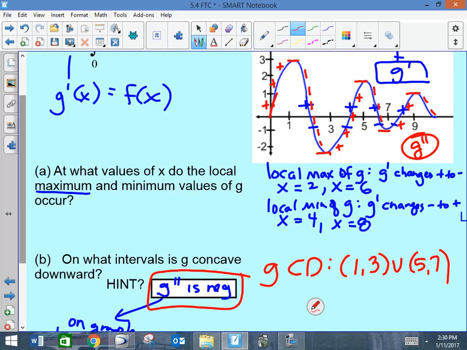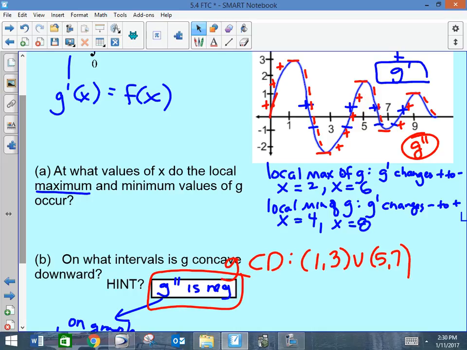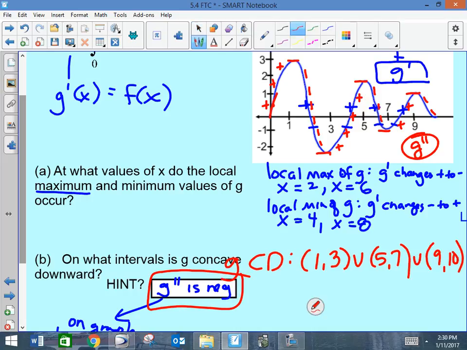We're looking for negative, right? Sorry. 1 to 3, 5 to 7, and then 9 to 10. We're going to stop at 10. Okay, good job.